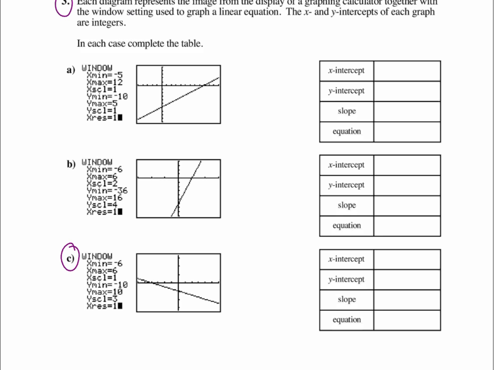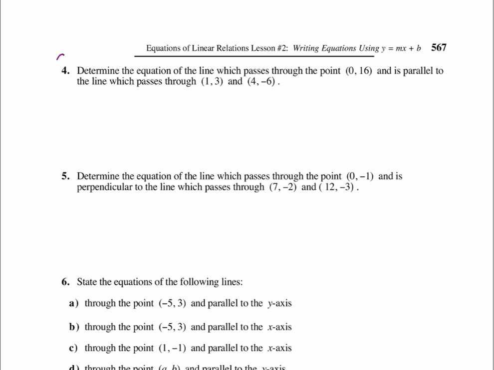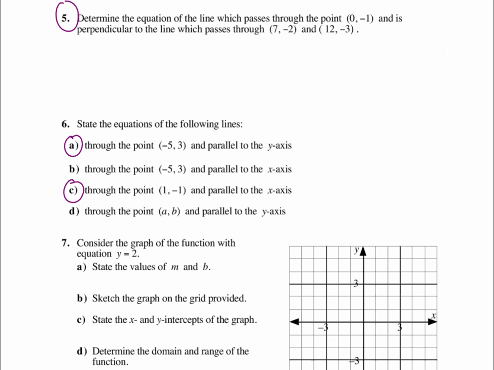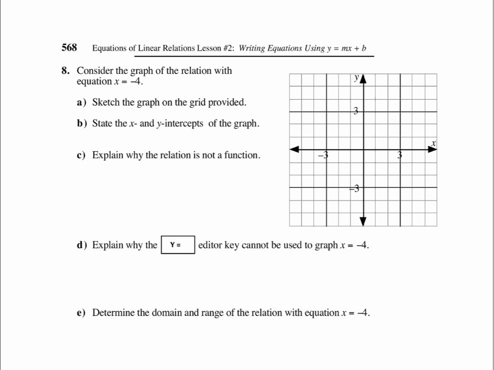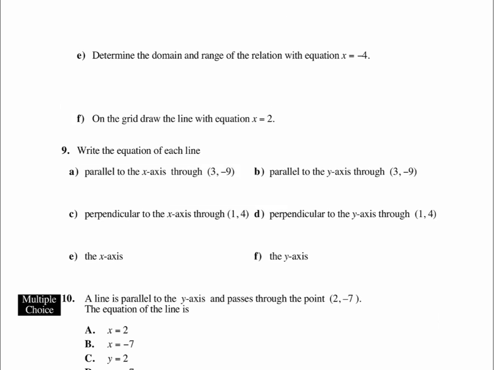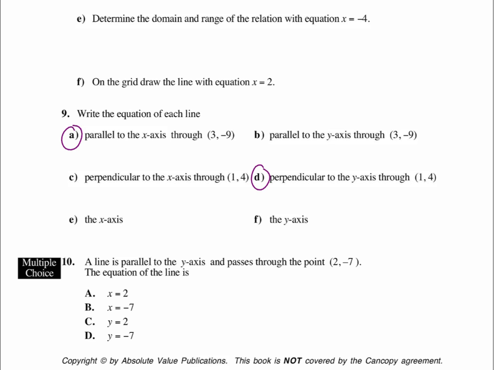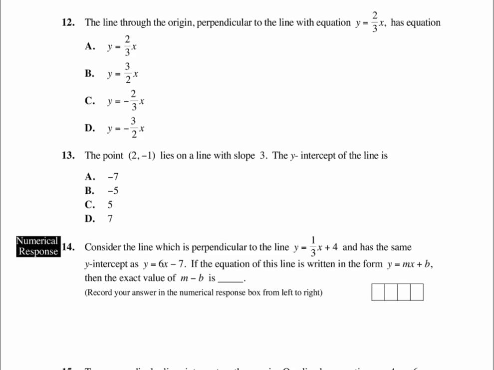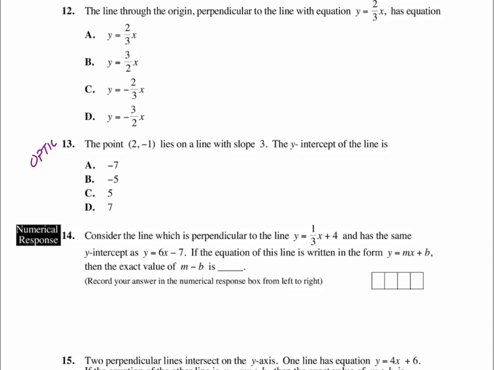Just 3C. Number 4 and 5. 6, A and C. 7, all of 7. Skip 8. 9, A, D, E. And then 13, if time, optional. All the other ones are optional, really. If you didn't circle them, you could still do them for practice, but they're not assigned. All right, give me a second.